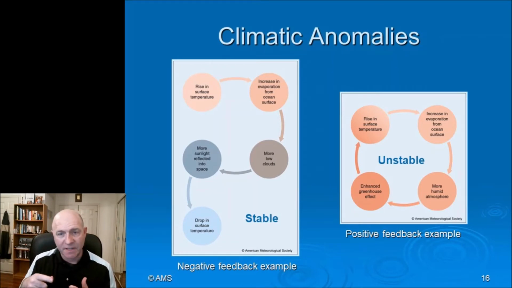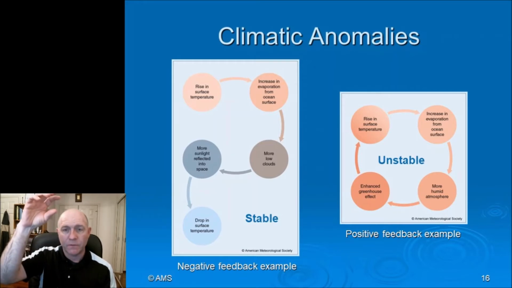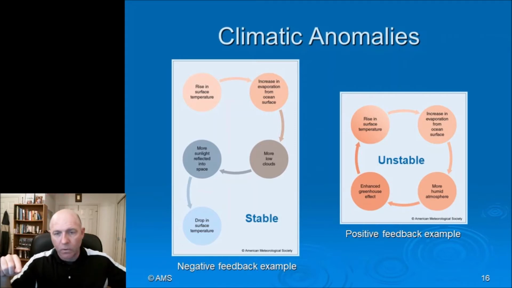The converse of that, the unstable equilibrium, you've got a ball on top of a mountain. And it's just sitting there. As long as nothing messes with it, it just sits there. So it's in an equilibrium state. But as soon as you give it a little push, it goes rolling right down and nothing's going to stop it. So that's the example of a positive feedback or an unstable equilibrium.